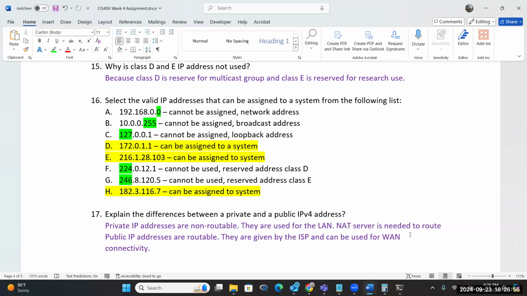So who knows how I can find my public IP? Anybody know? How can I find my public IP? When I type in ipconfig, it gives me the private IP of my system, okay? Inside my network.